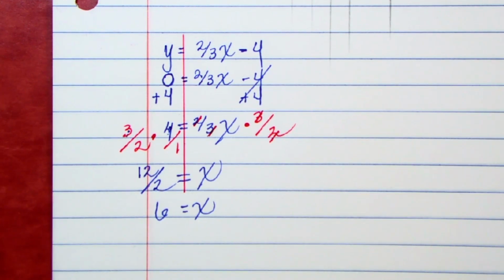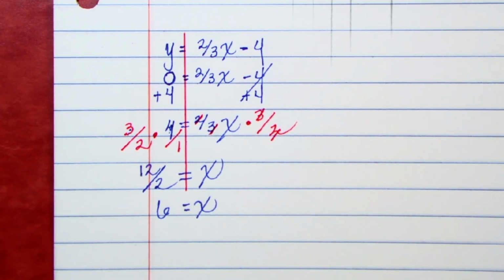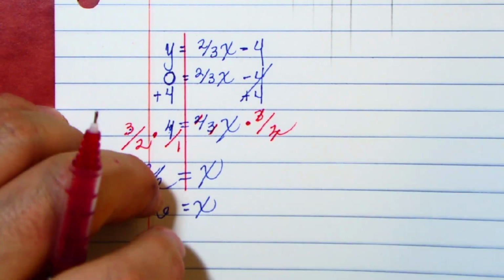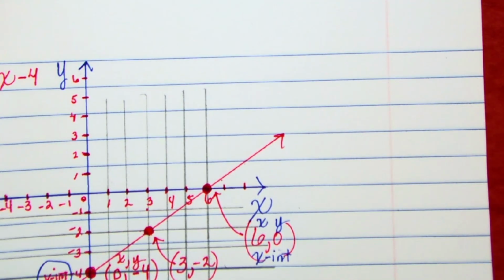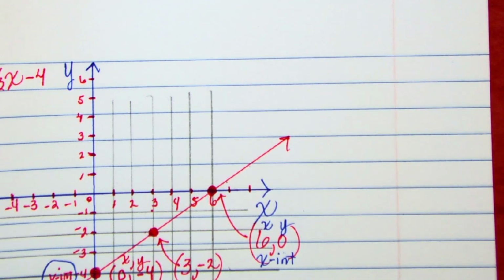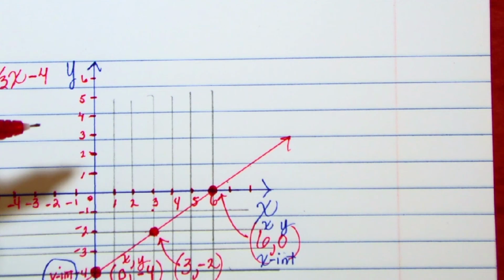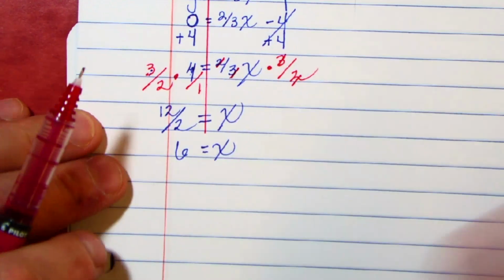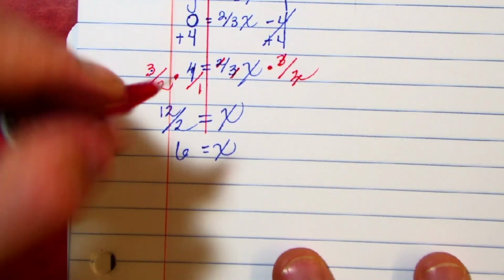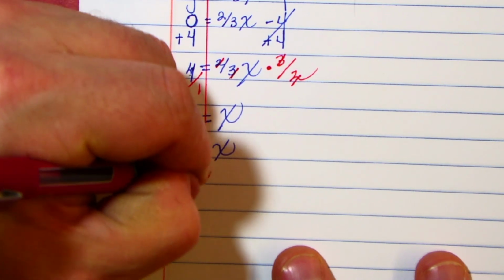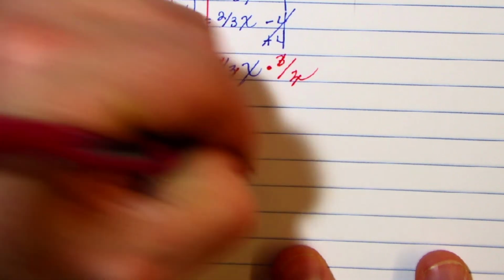So all this time, hey, we're almost done, all this time that you've been solving for x, you've really been locating a place on the graph. You've been finding where a line crosses the x-axis, okay? And so this is how you prove that the x-intercept is 6.